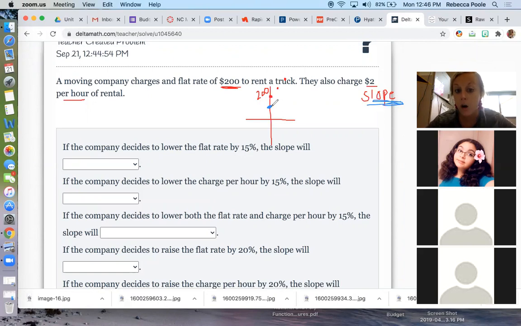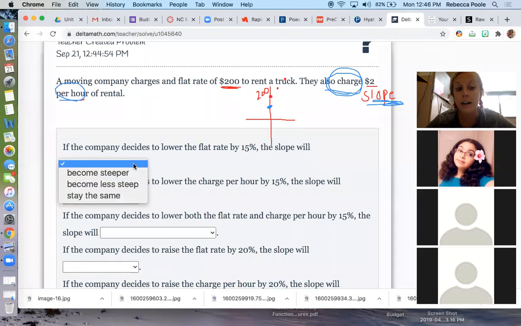No, it's still up 2 over 1, up 2 over 1, right? Because we didn't mess with the charge. Does everybody see that? So for this first one, if you lower the flat rate, that doesn't do anything to the slope. That's changing the y-intercept. So which of these would I pick?